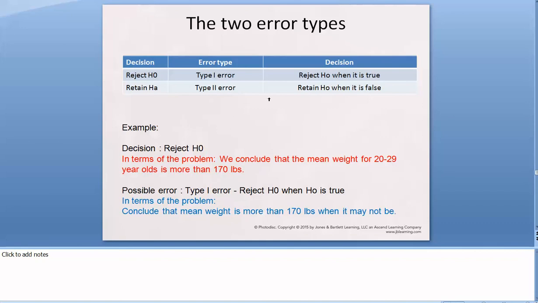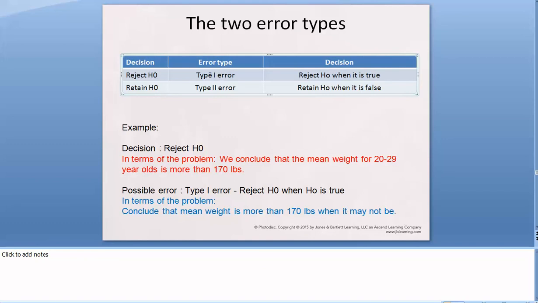This is how it looks. We will have either of these two decisions: reject H null or retain H null. Depending on the decision, you will make a certain error.